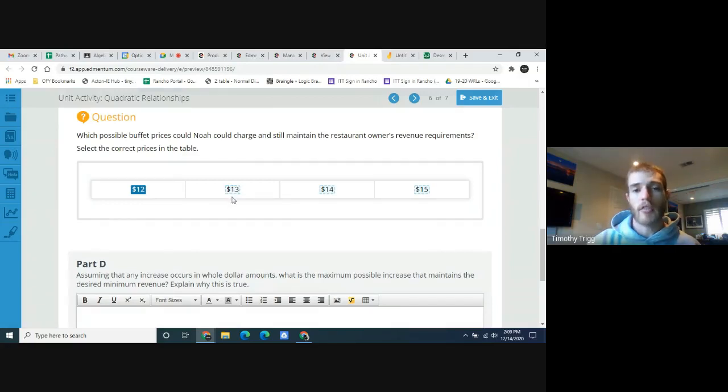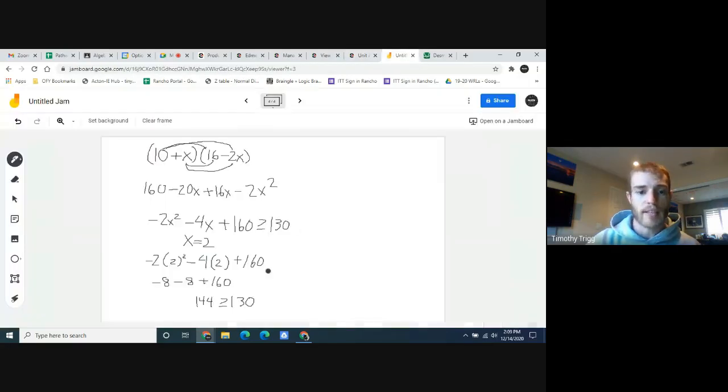Go ahead and check 13. So 13 is the same deal. You just go back to this and replace the x's with 3 this time. So it'll be negative 2 times 3 squared. Again, replacing the x with 3, minus 4 times 3, plus 160.